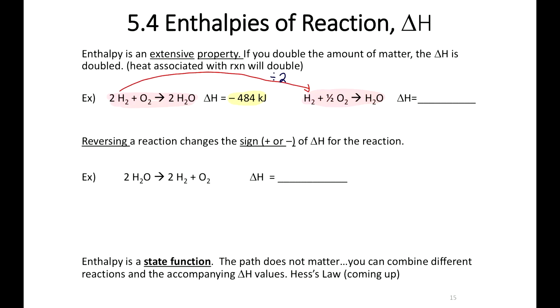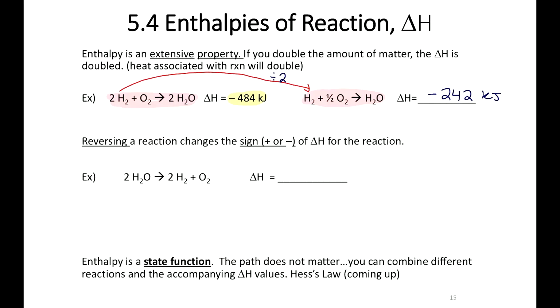So if I cut this reaction in half, all the mole amounts, all those coefficients change by a half, and we also have to adjust delta H. For this second reaction, I divide that delta H in half. So when I react only 1 mole of hydrogen, I only generate, can I do the math, 242 kilojoules of energy, all right?